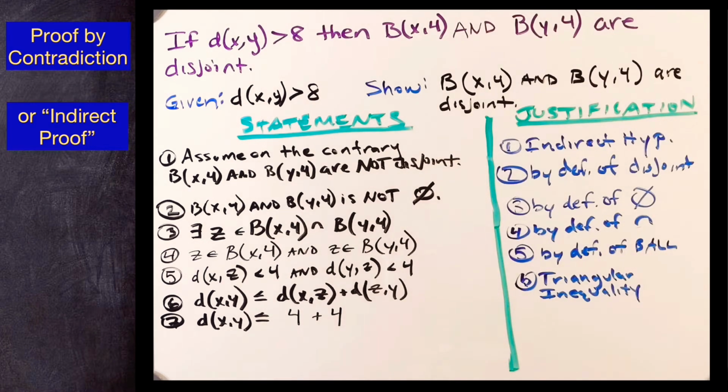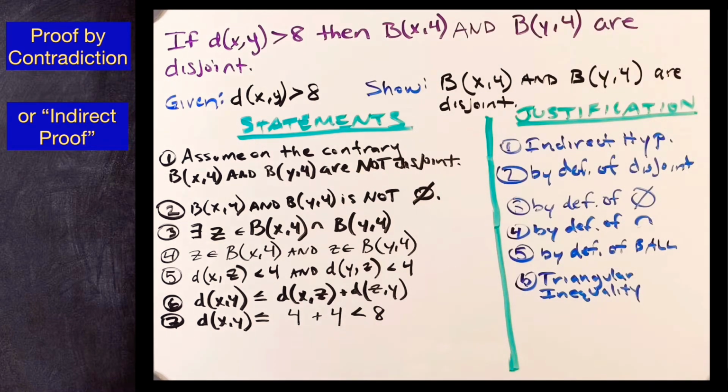But because in line 5, we see that both the distance from X to Z and the distance from Y to Z are both less than 4, we're going to say that the distance from X to Y is going to be strictly less than the value of 8.